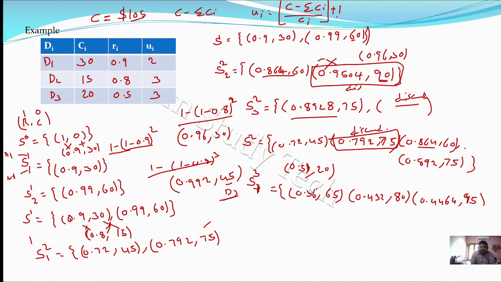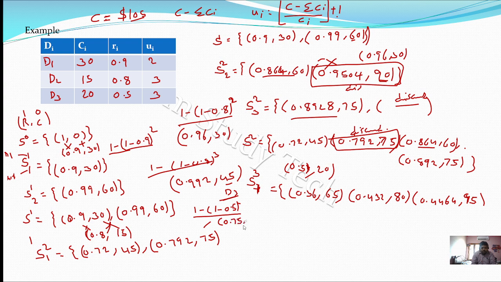So here I am considering two copies of device D3. Here one copy reliability is 0.5, two copies is 1 minus 0.5 whole square, that value is 0.75.